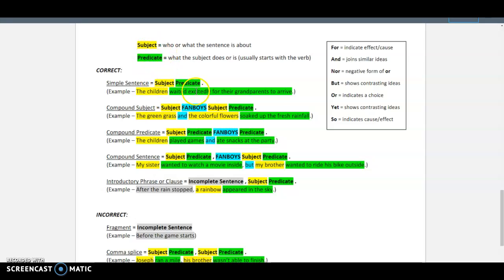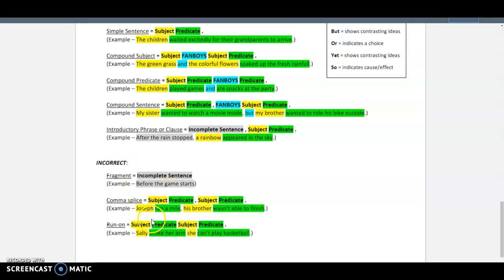So yellow is subject, green is predicate, and of course you have your FANBOYS here, which stands for for, and, nor, but, or, yet, and so. So here's a visual for you. This is what you need to do. This is good. And this is what you need to avoid. Not good.